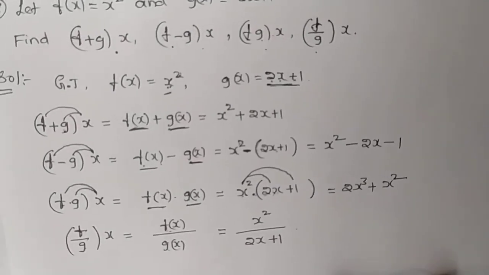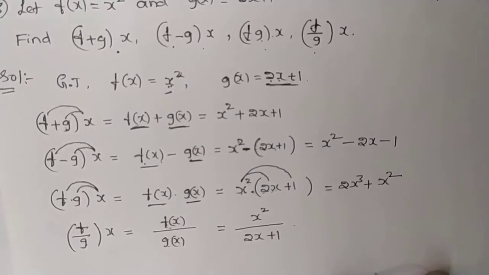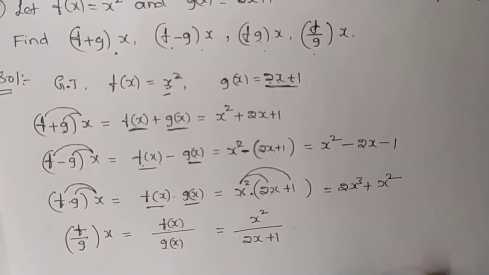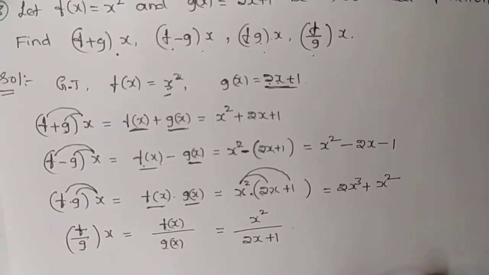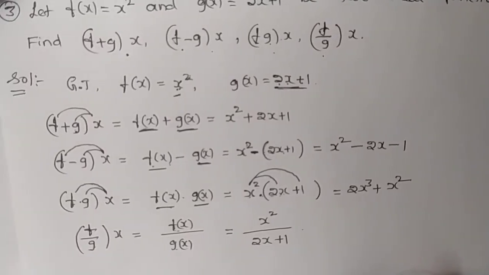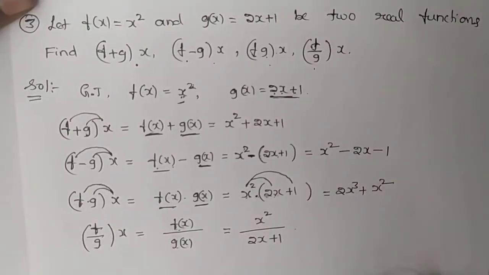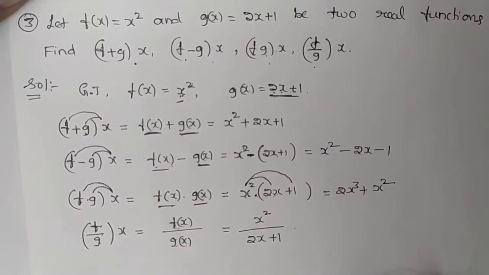Hence, it is f plus g of x, f minus g of x, f into g of x, f by g of x. Write down this problem. Very simple problem it is. You just write down these problems.